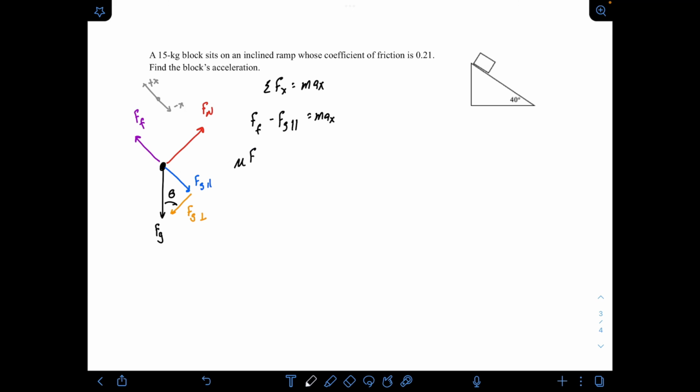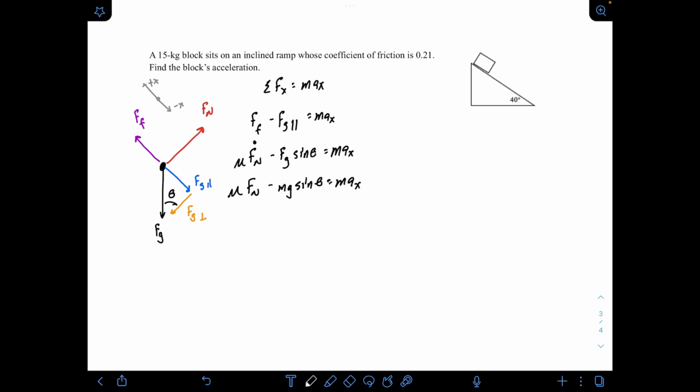Friction force is mu times the normal force. FG parallel is FG sine theta equals ma in the x. And notice, all of a sudden, I don't know what my normal force is. I can break this down one more time, but mu times the normal force minus mg sine theta equals ma in the x.